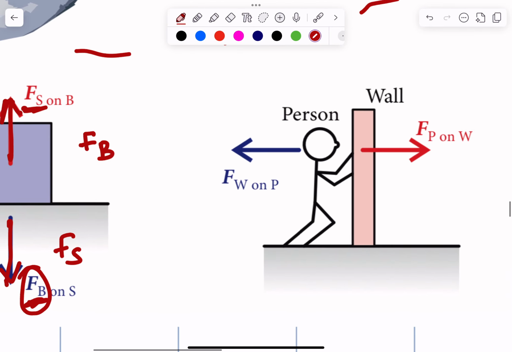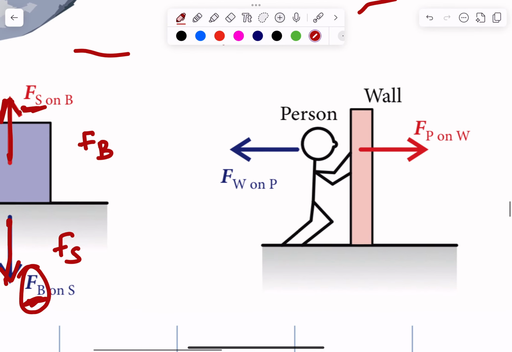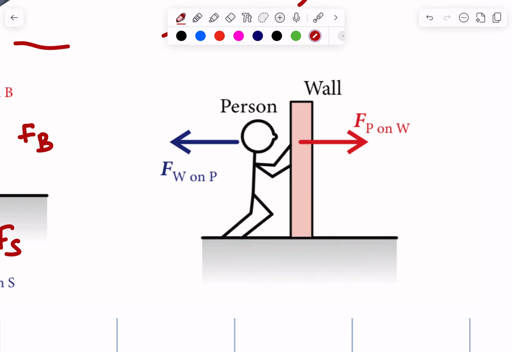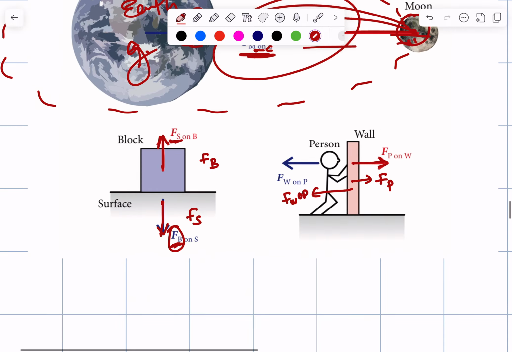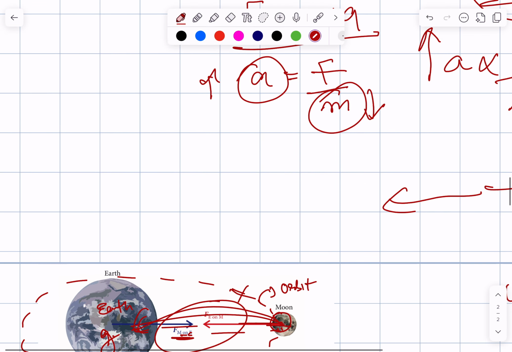The same concept is the wall concept. When I push a wall, of course it is not moving, but for sure I am applying a force there, the force by the person, and what the wall applies to me is the force of the wall on the person. This is the concept of Newton's third law of motion.